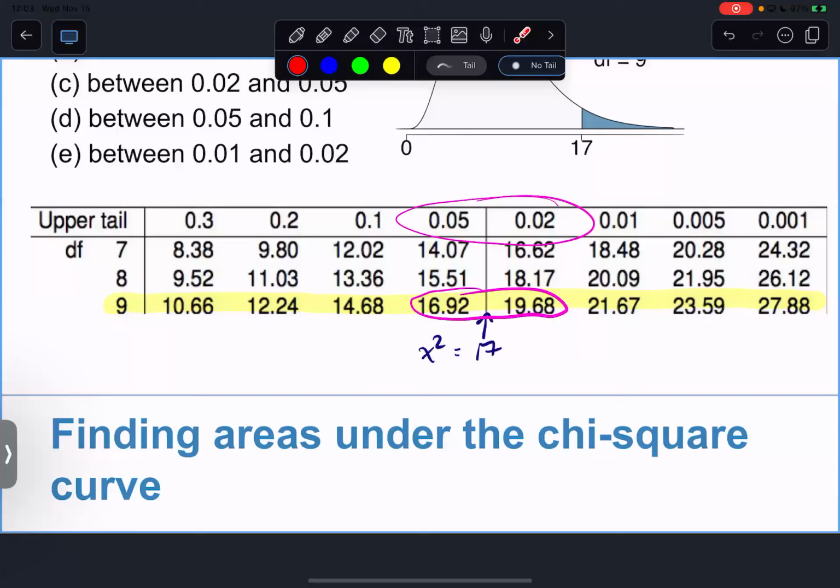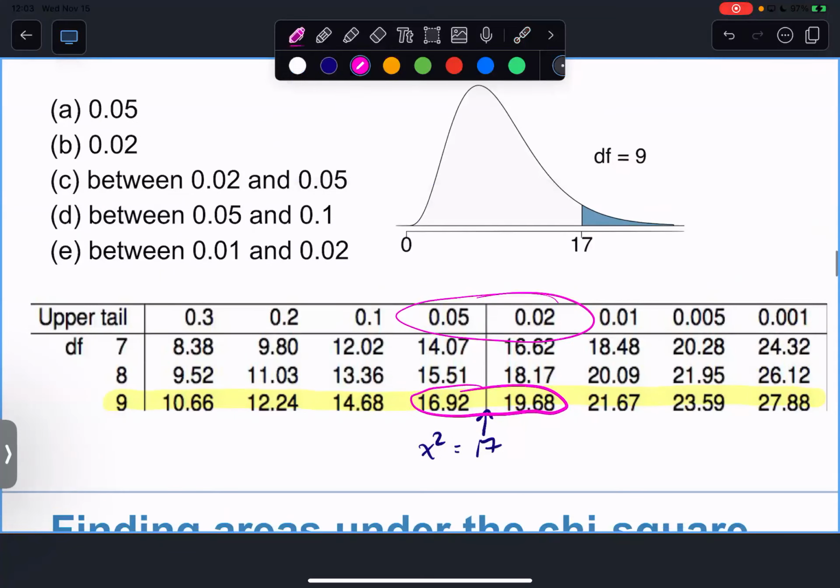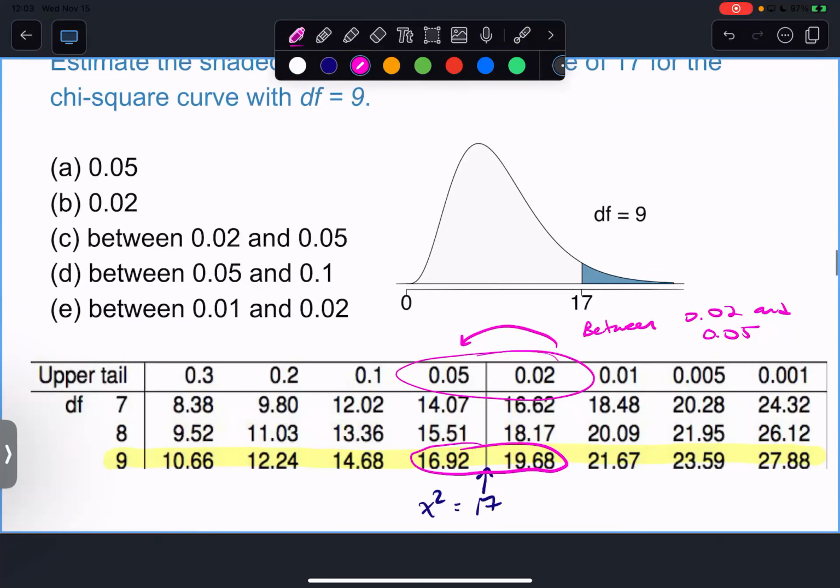The p-value is somewhere between 0.02 and 0.05, which is that one.